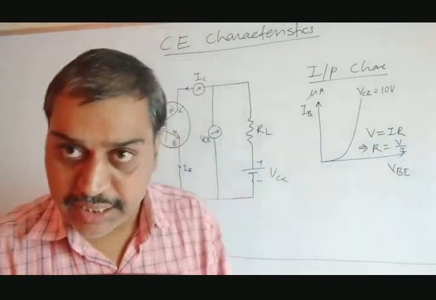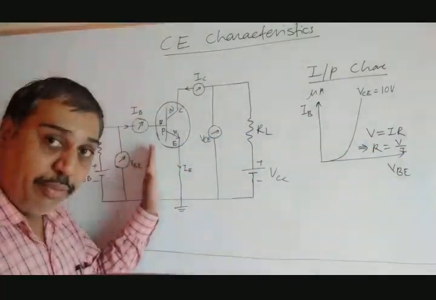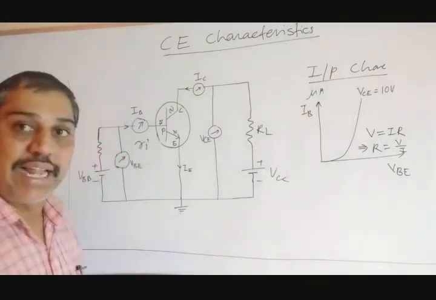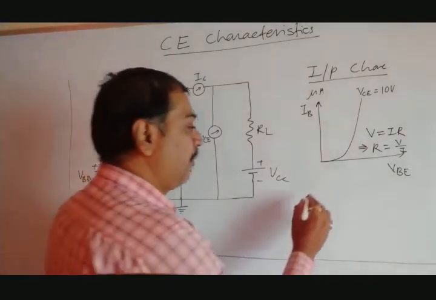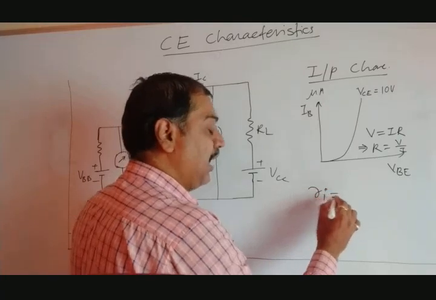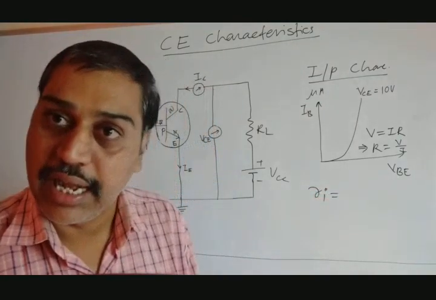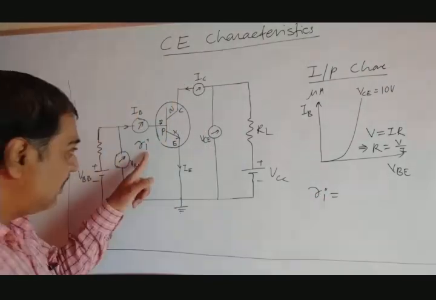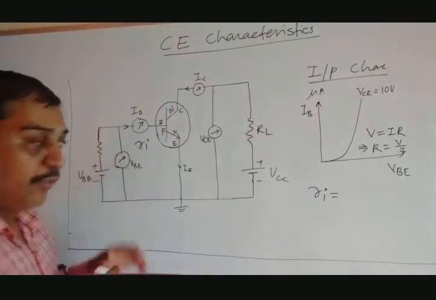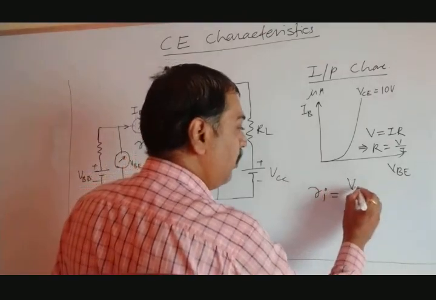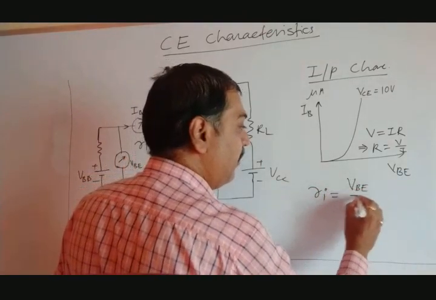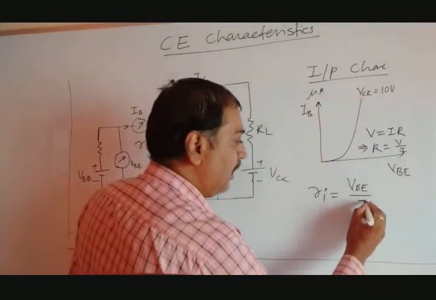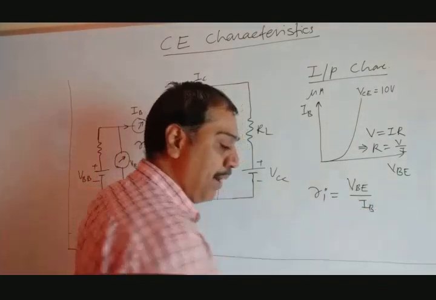Here it is input characteristics. So what is the resistance at the input? Suppose the resistance at the input is Ri. We can write the equation Ri equal to voltage divided by current. What is the voltage here? It is VBE. So Ri equal to VBE divided by the input current, that is IB.